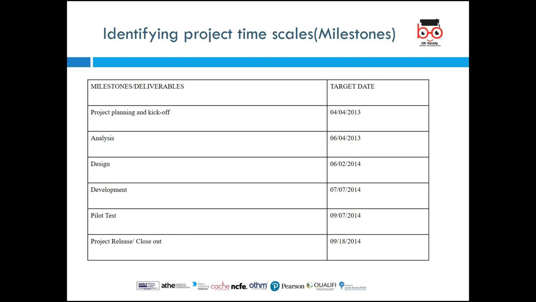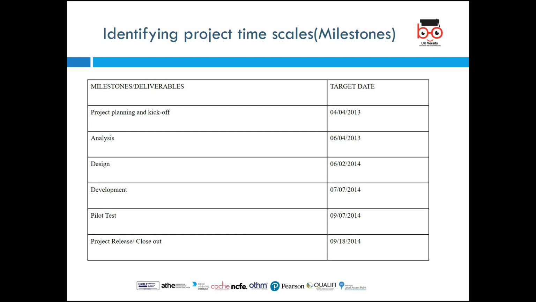Number one, we have project planning and kickoff. Let's say 04/04/2013 is when we want to start it. We want to analyze it, 6/4/2013. And then the design of the project to go into 6/2/2014. We develop the project, 7/7/2014.